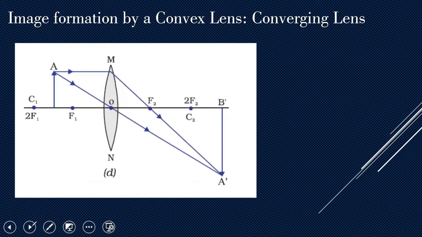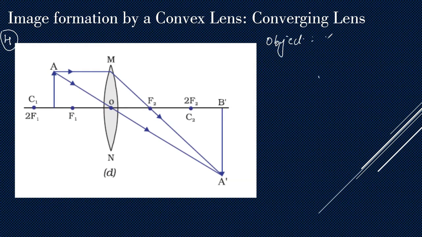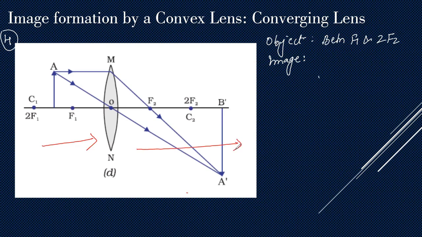Fourth, what will come after 2f2? It will be between f1 and 2f1, right? So where is the object now? Object is between f1 and 2f1. Image, as you can see, as the object is moving towards the lens, image is moving away from the lens, right?